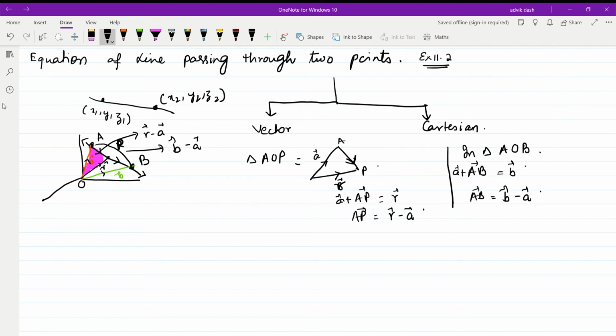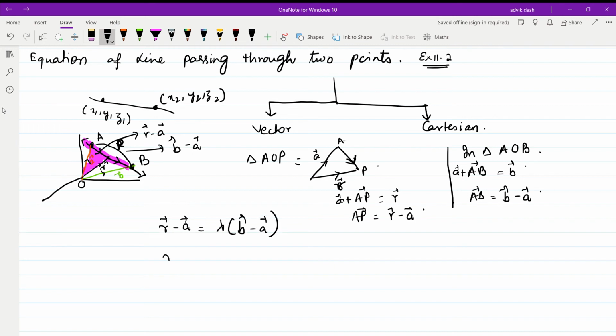But as you can see, AP vector and AB vector are both collinear vectors, or parallel vectors. So one vector can be written as lambda times the other vector if they are parallel. So I can write R minus A vector is equal to lambda times B minus A vector.